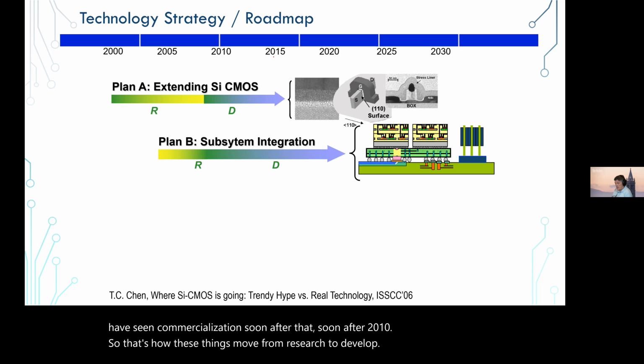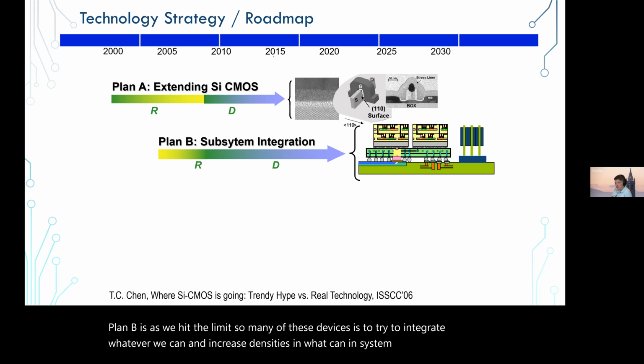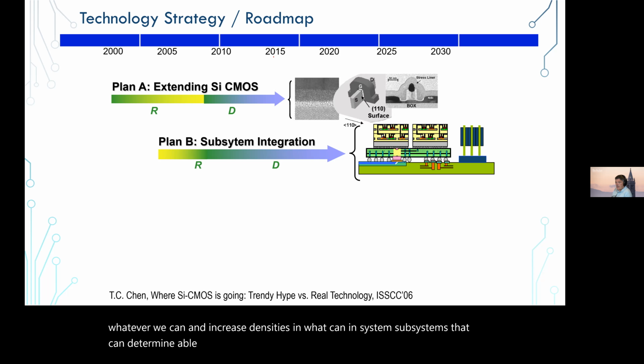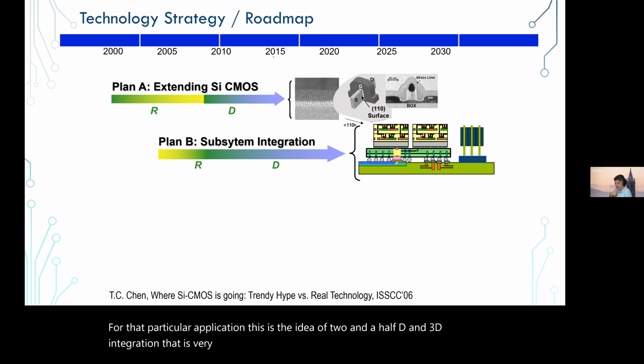Plan B is, as we hit the limits of many of these devices, to try to integrate whatever we can and increase densities in systems and subsystems that are amenable to density increases, but not do it everywhere. Mix and match things, implementing them in optimal technologies for that particular application. This is the idea of 2.5D and 3D integration that is very popular now.